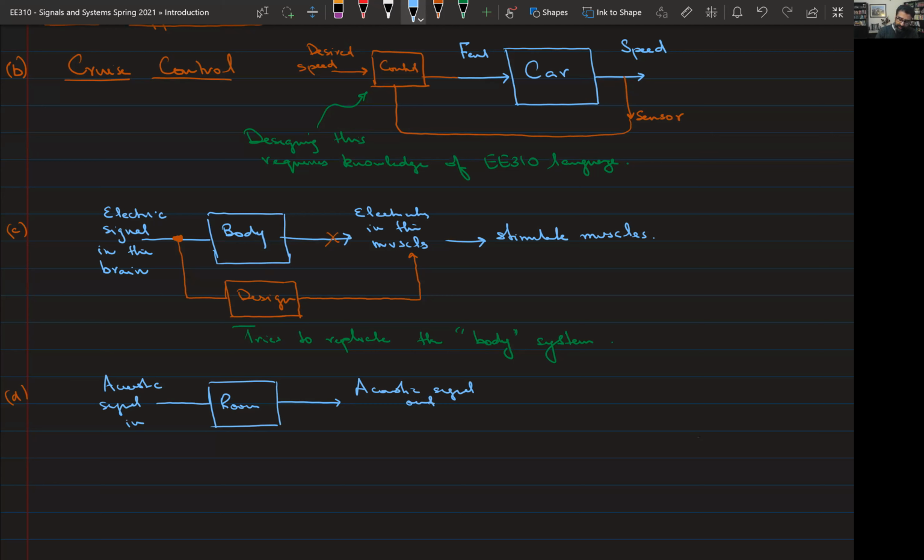And what I can do, with the language that we're talking about, is somehow replicate the response of the room, estimate it, and perhaps feed this in to here, and have this thing added here, such that this is plus and this is minus, so that this is the output.